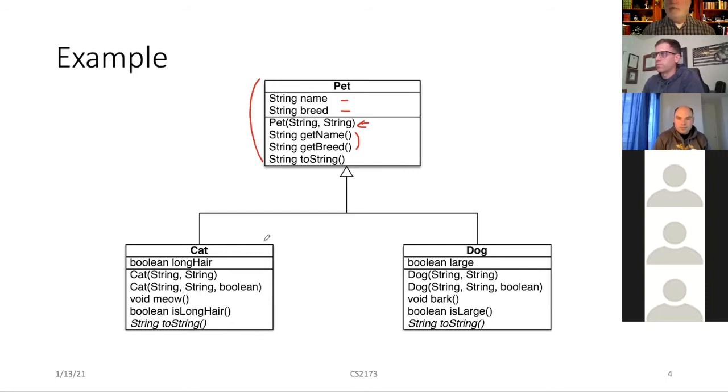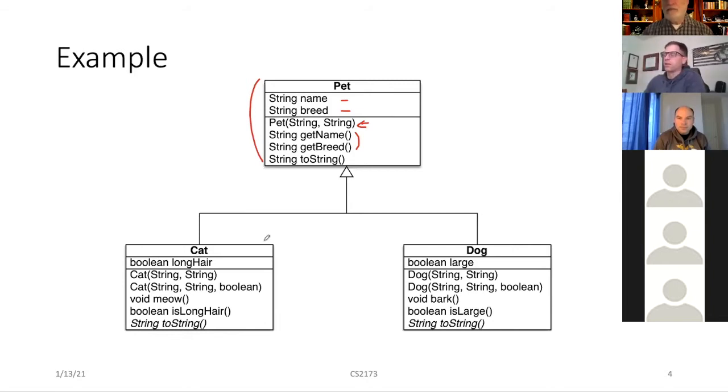Okay, now remember we talked about what private access means? So what does private access mean? You can only access it within that class. Right. So if I'm in another method, say even the main method, and I have a pet, and I want to know what its name is, how can I find that out?